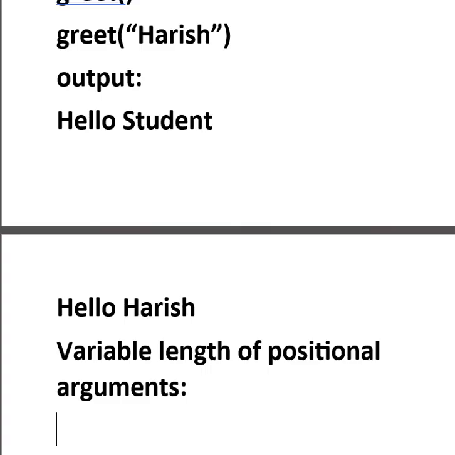Sometimes we don't know how many arguments will be passed through a function. So Python provides two types of arguments: positional argument and keyword argument. For keyword argument, they have given star star kwargs. This represents the keyword argument.